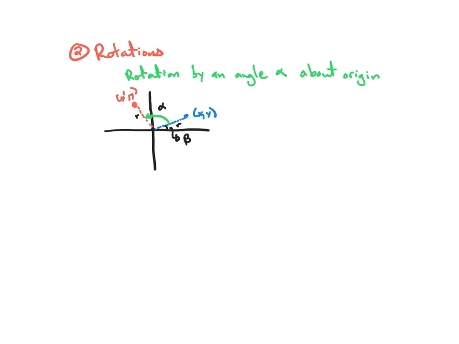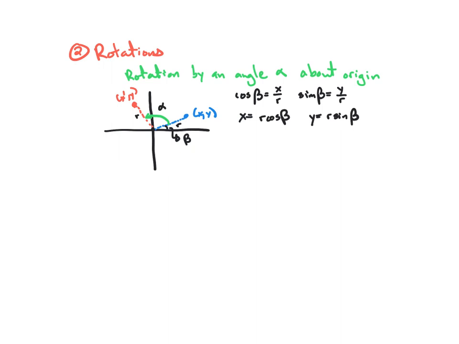Okay. So what we know is that cosine of beta is just going to be x over r, and sine of beta is y over r. So x, the original first coordinate, can just be written as r cosine beta, and y can be written as r sine beta.